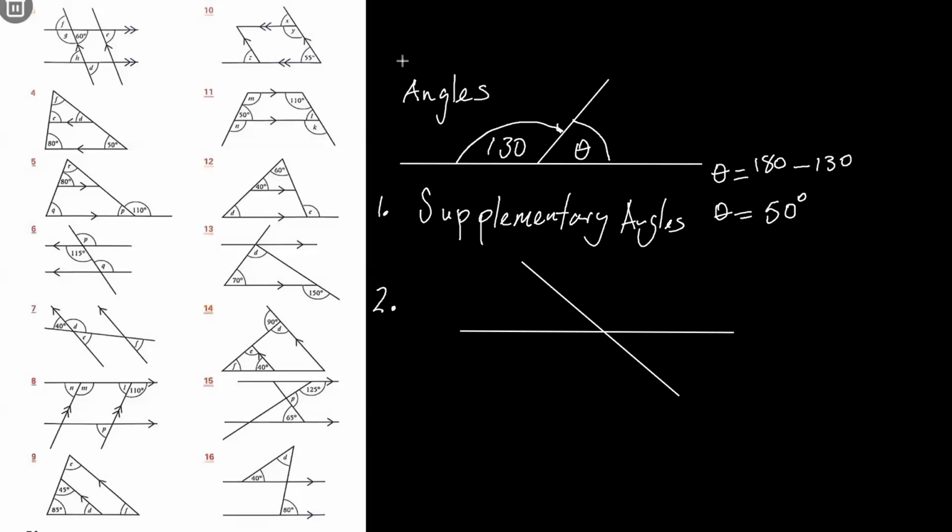So if this is, let's say, 35 degrees, then this would be 35 degrees. They are called vertically opposite, and they are equal.